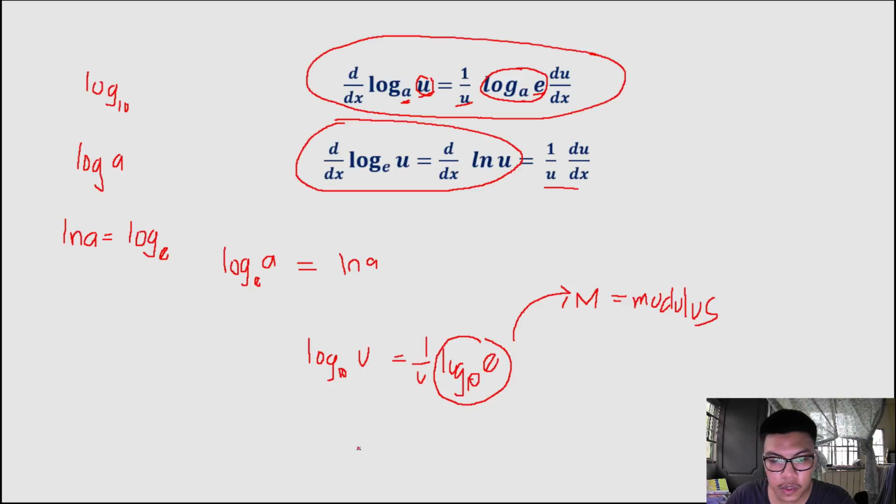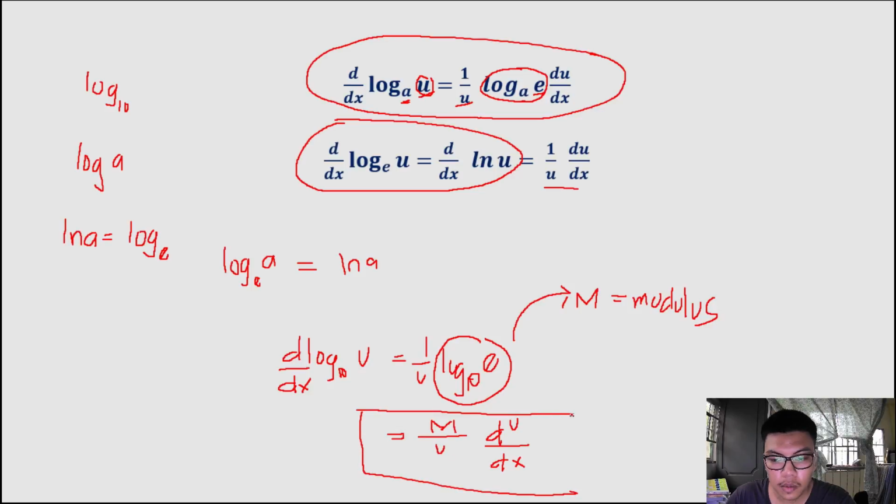So kung ito ay m, we can write now the derivative of log u base 10 is equal to m over u times derivative of u with respect to x. So ayan, ano? Yun lang ibig sabihin nun. Papalitan mo lang yung log e base 10 ng modulus. So hanapin nyo sa calculus kung ano yung katumbas ng ating modulus na yan, m.